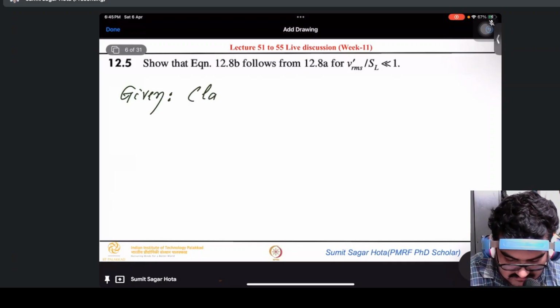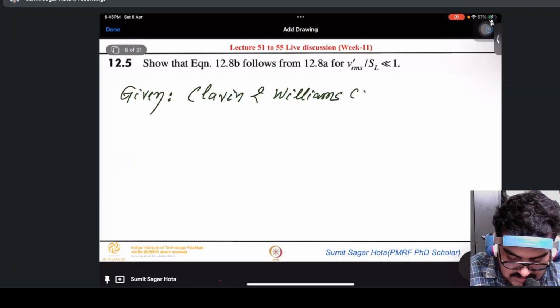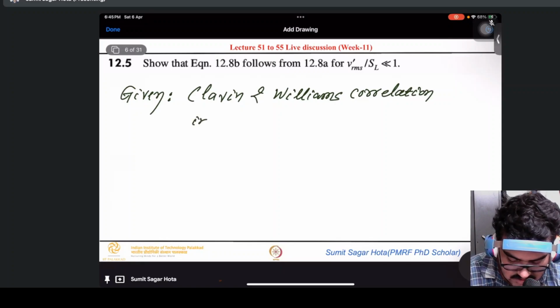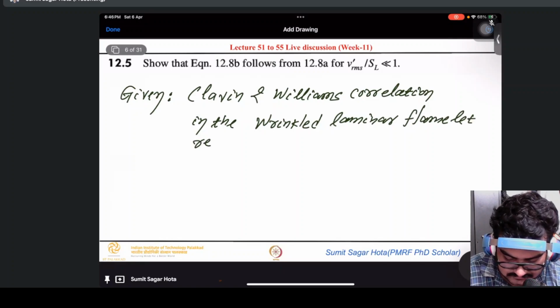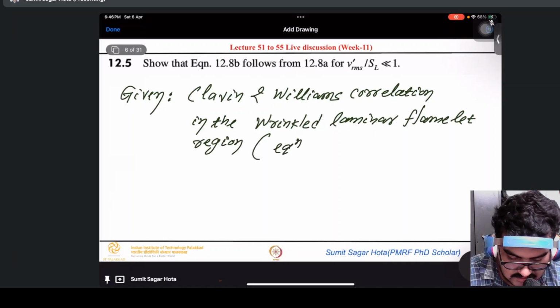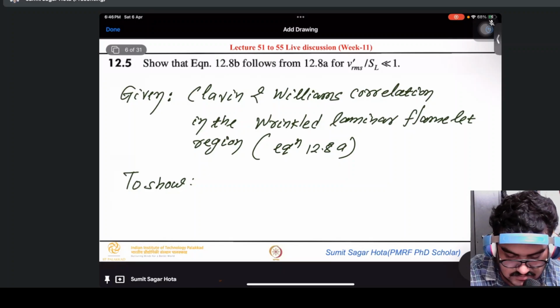The Kerstein and James correlation for the wrinkled laminar flamelet region is equation 12.8a. What we need to show: equation 12.8 reduces to equation 12.8b for v_rms prime by S_L very much less than 1, whereas v_rms prime by S_L very much greater than 1.